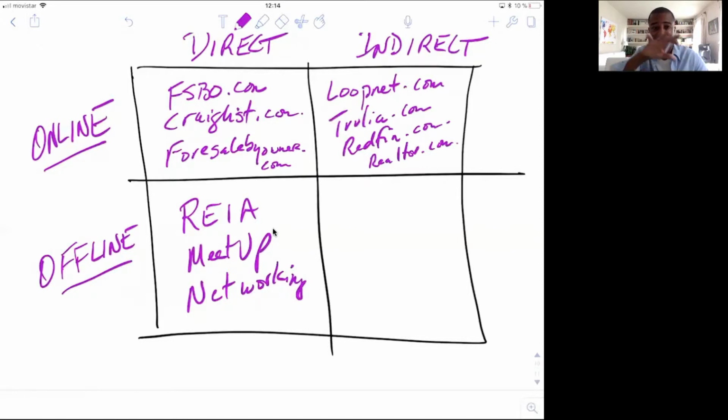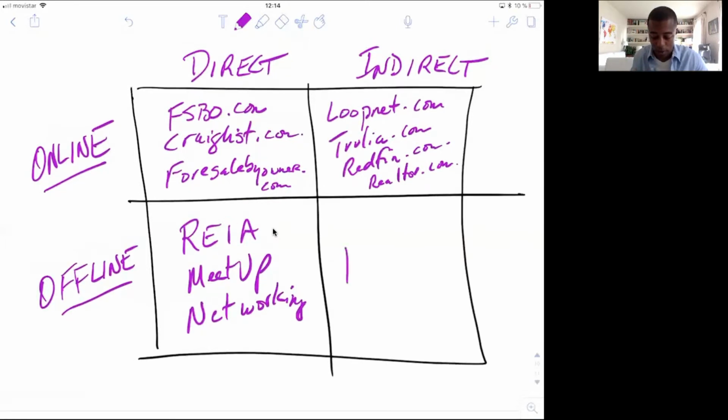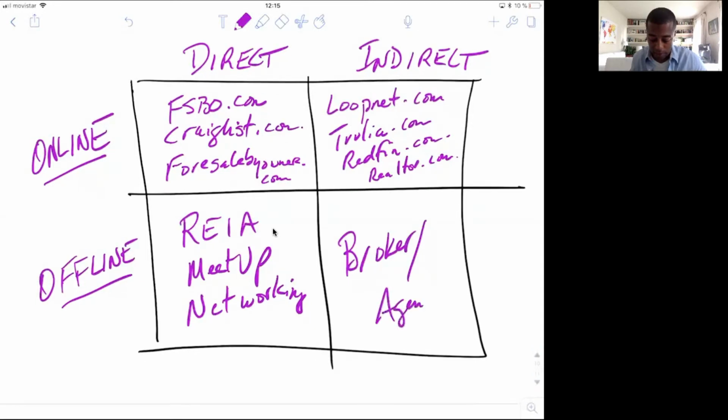And then lastly, let's wrap this up. When you want to look at this from an indirect perspective and you also want to do this face-to-face, and I think I mentioned it before, here is where you're going to want to work with either a multifamily residential broker and or one of their agents.